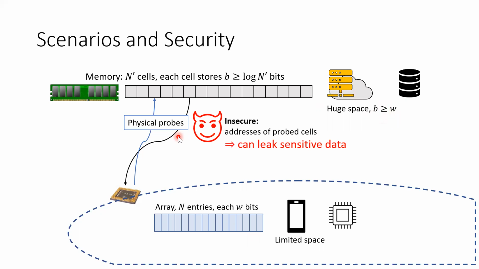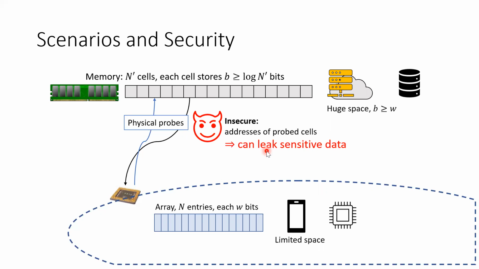In particular, the processor can encrypt the contents of every memory cell, but the location accessed in this physical memory array is part of the protocol for how we use the memory, so there's no way to encrypt the accessed memory location.